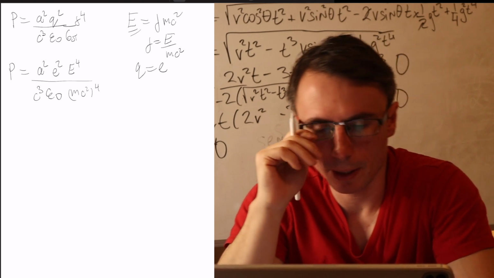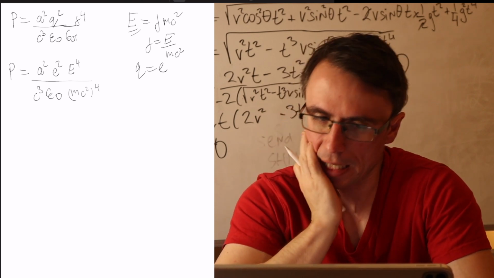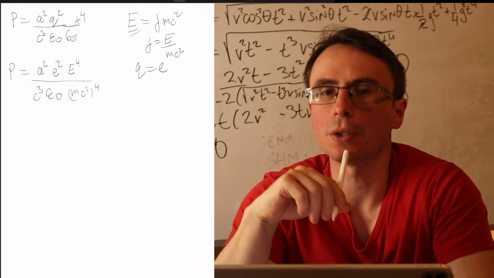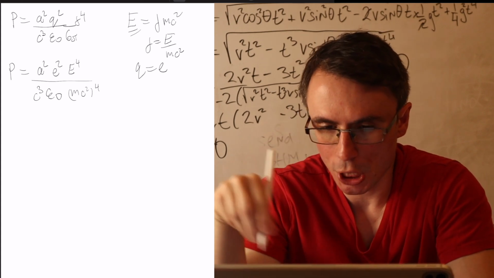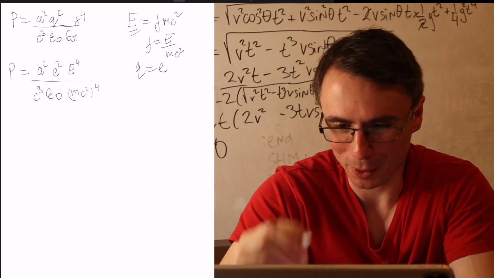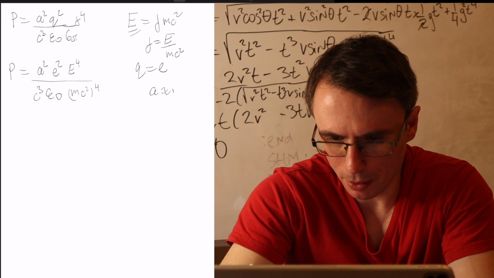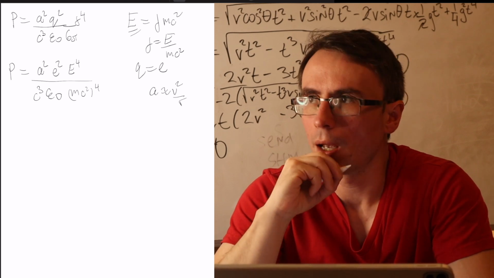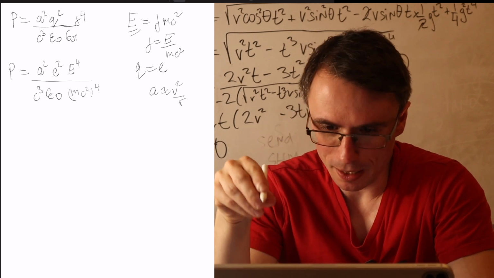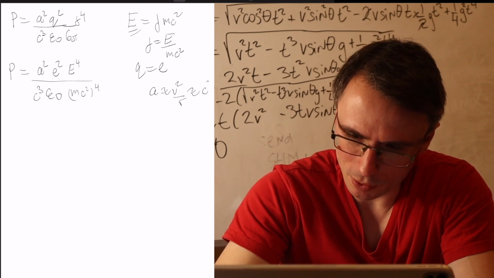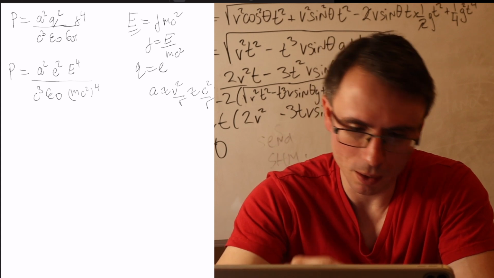How do we get the acceleration? I think given what we know in the question, we can do a cheeky classical approximation. So acceleration should be about equal to v squared over r. Now, this v is really close to the speed of light, so tell you what, let's just say that this is equal to c squared divided by r.